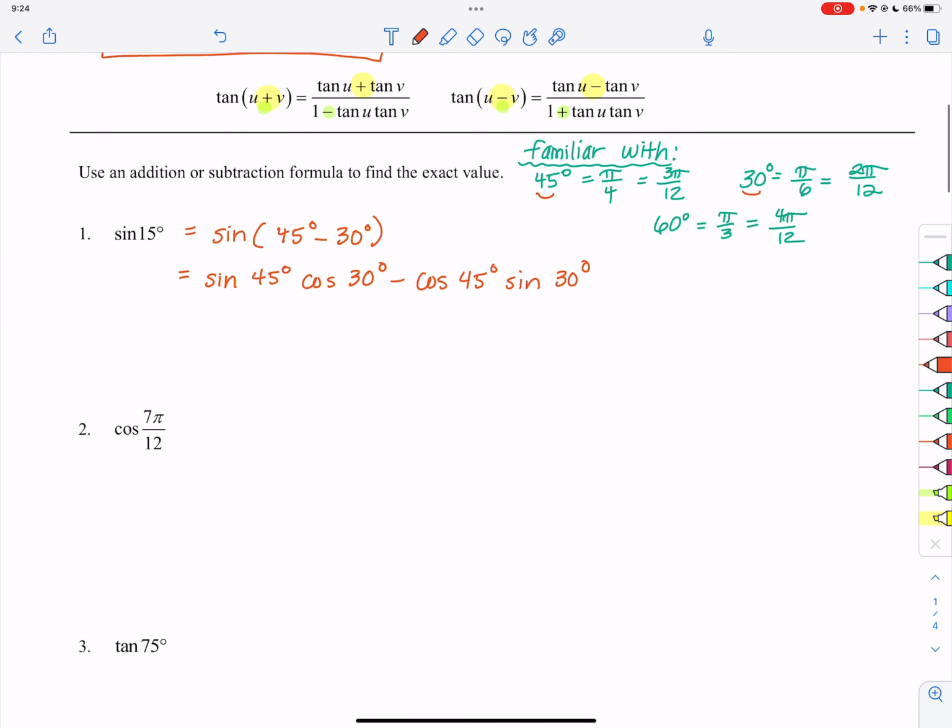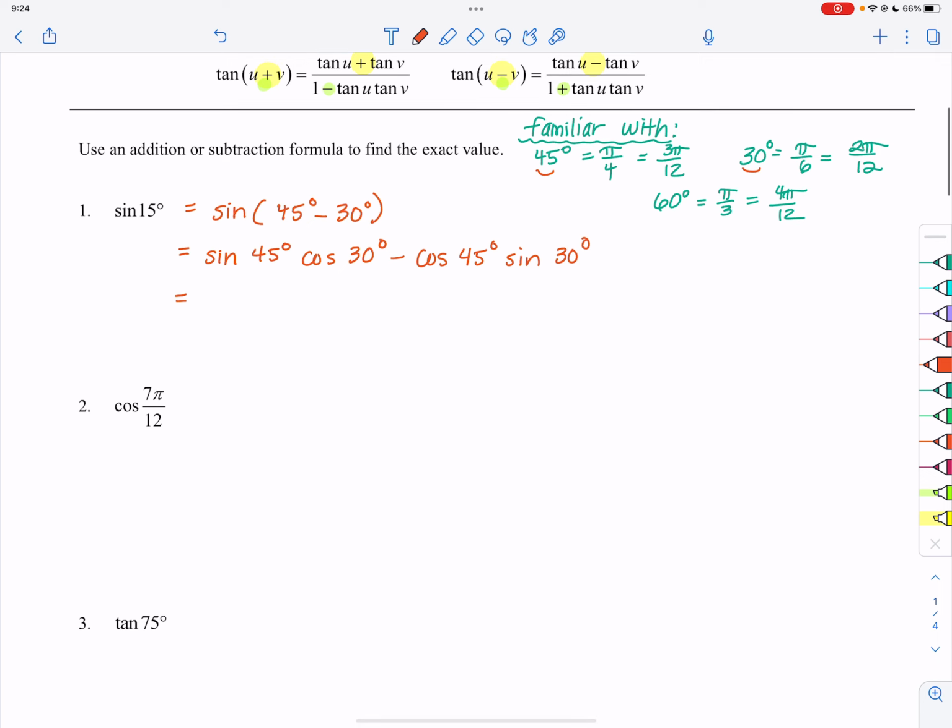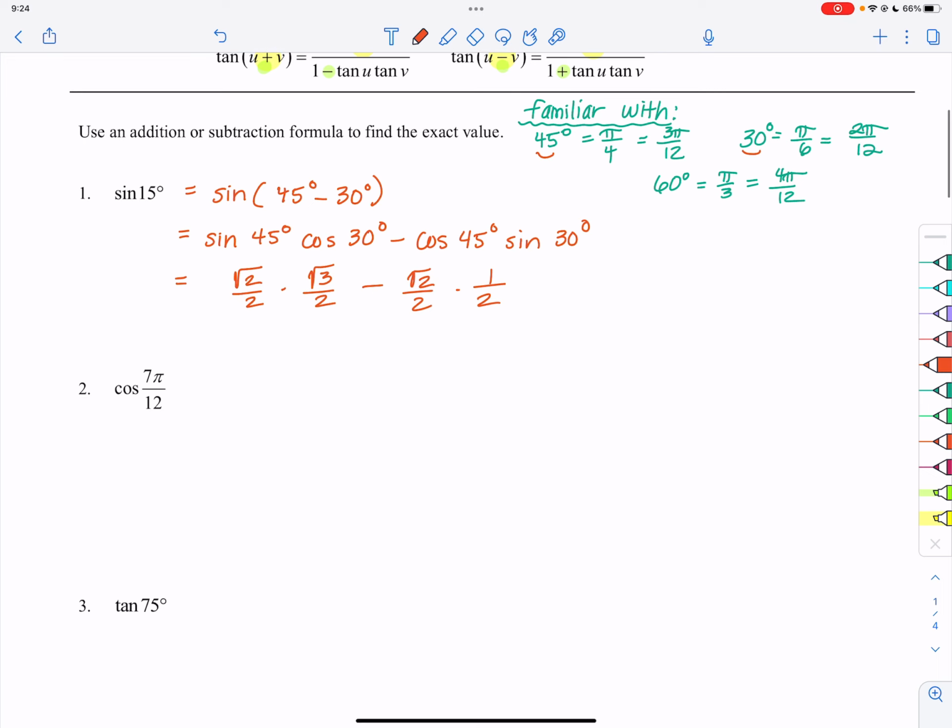Okay, so we'll take each one of these: the sine of 45 degrees, square root of 2 over 2, cosine of 30, root 3 over 2, cosine of 45 degrees, root 2 over 2, and the sine of 30 is 1/2.